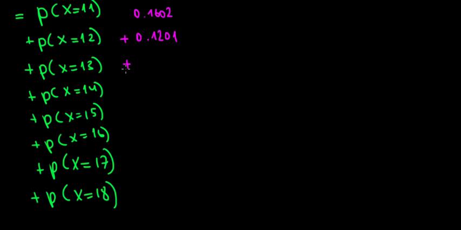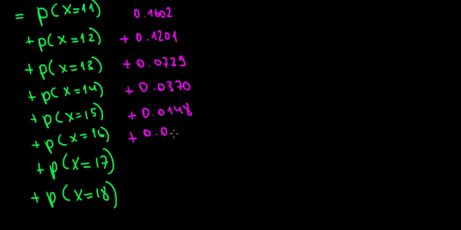Probability of x equals 13 is 0.0739 plus the probability of x equals 14 is 0.0370 plus the probability that x equals 15 is 0.0148 plus the probability that x equals 16 is 0.0046. Probability that x equals 17 is 0.0011, and the last one, probability that x equals 18 is 0.0002, so it's almost zero in the end.